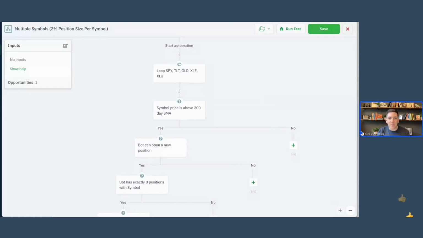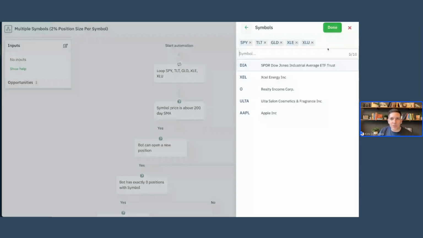I think you guys are seeing that. So if I want to get into 5 different tickers, I just put in my symbol loop here, 5 decently uncorrelated ticker symbols: SPY, TLT, GLD, XLE, XLU. Utilities, energy, gold, bonds, broad market. I'm not saying you have to use those. You could if you want to.